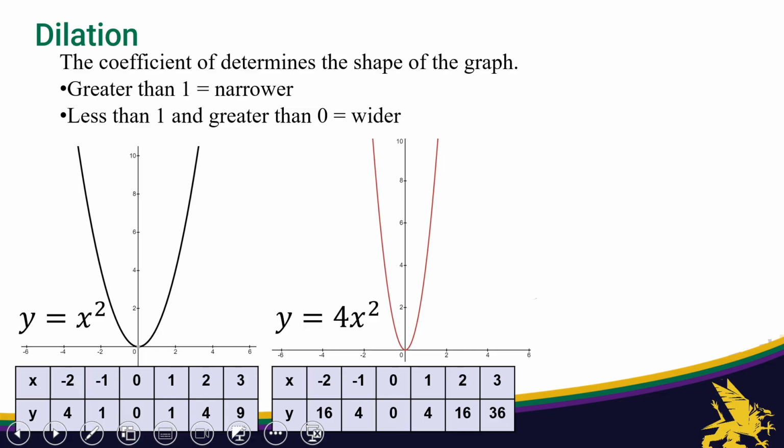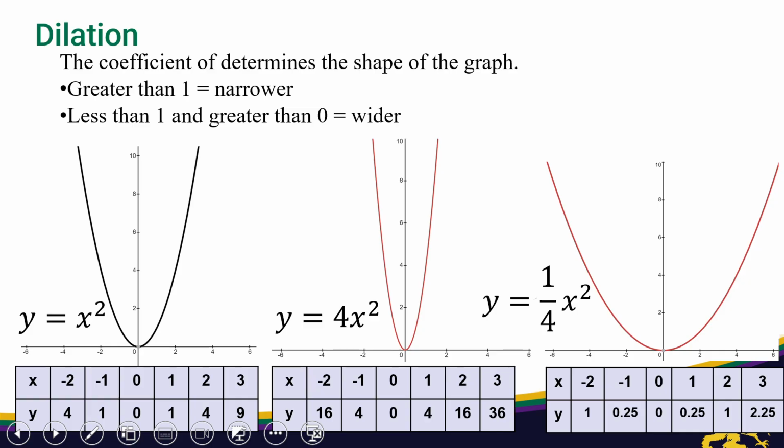On the other side is when a coefficient is less than 1. So I've made it 1/4 just so it's easier to visualize. So that means if x is 1, 1 squared is 1, 1 times a quarter is 0.25. 2 squared is 4, a quarter of 4 is 1.